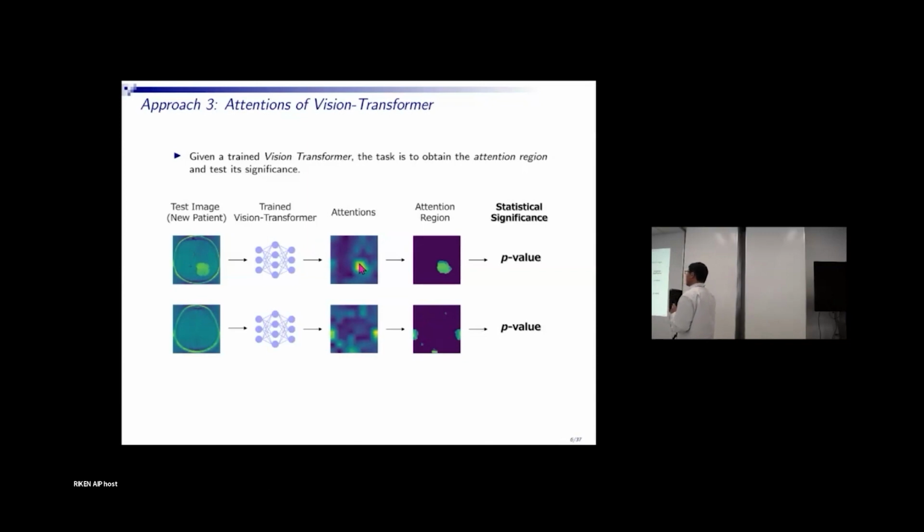Suppose that we already trained the vision transformer, and then we can show the attention values. Again, by selecting a set of pixels whose attention values are greater than a certain threshold, we can define an attention region. And I want to compute the p-value for this attention region.